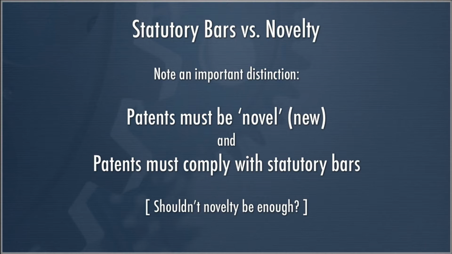Now, shouldn't novelty be enough? Well, at least until the American Invents Act, when we changed to a first-to-file system and did away with this concept of invention date as a relevant concept for patentability. It is important to have a statutory bar, in part because 102A states that prior art is only good as against a patent if it is before the invention date of the relevant patent, right?